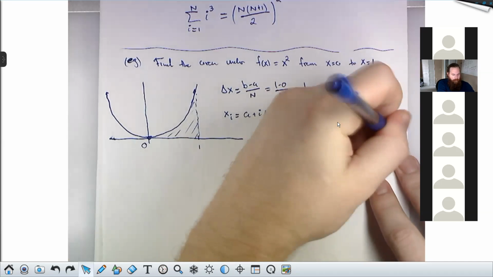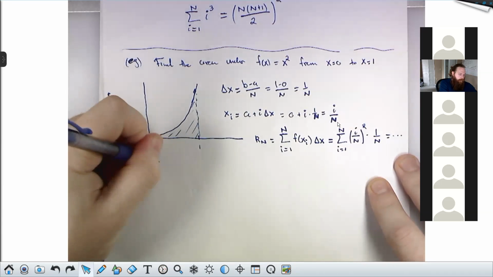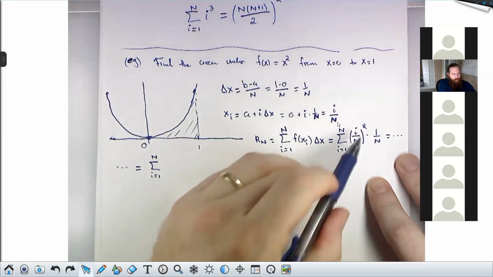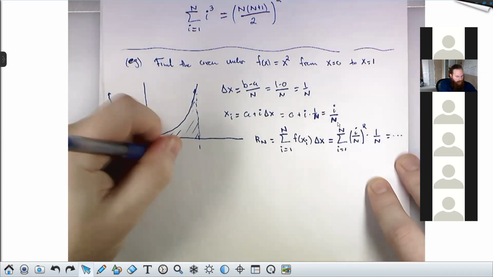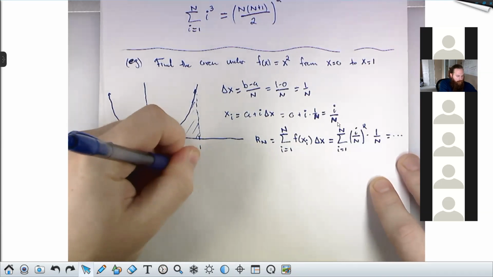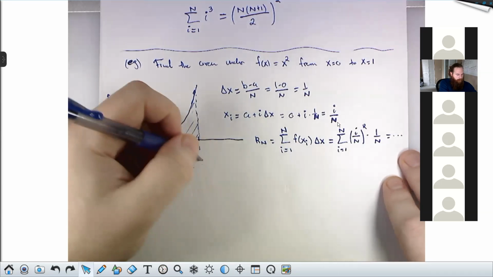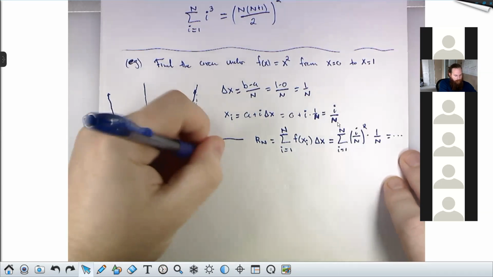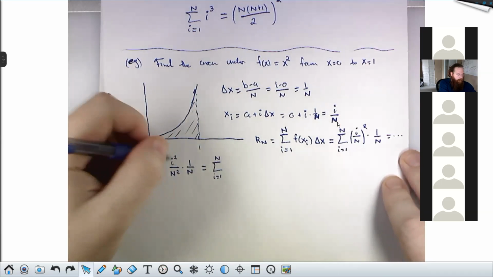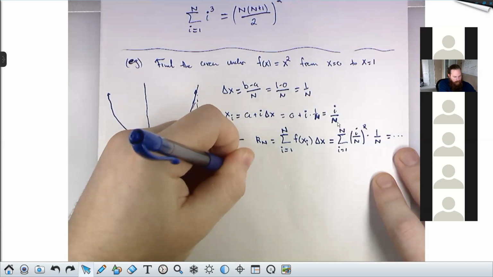So I'll continue this over here. This is equal to the sum from i equals 1 to n of i over n all squared, which is i squared over n squared. And then I still have my 1 over n. So this is sigma i equals 1 to n, i squared over n cubed.